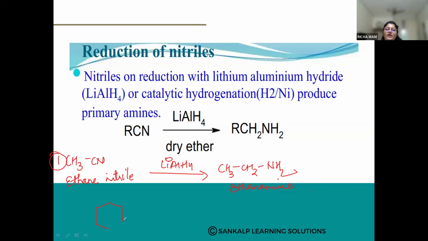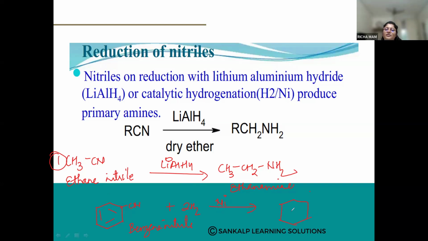One more with respect to an aryl group. I have benzyl nitrile. This benzyl nitrile, I'll pass hydrogen gas over nickel. What am I going to get?